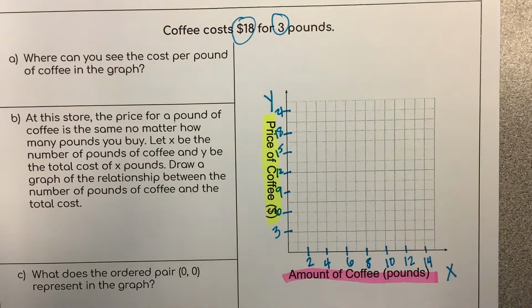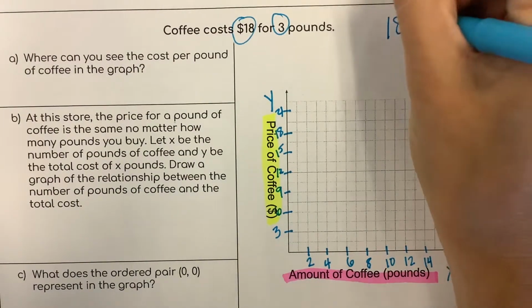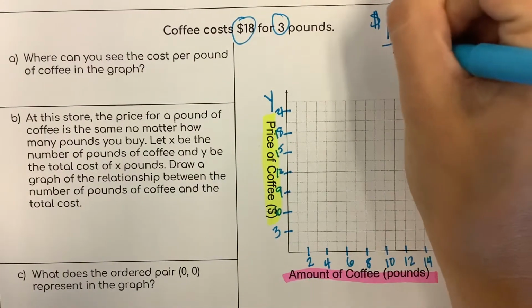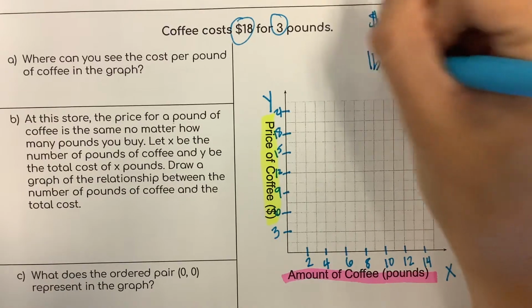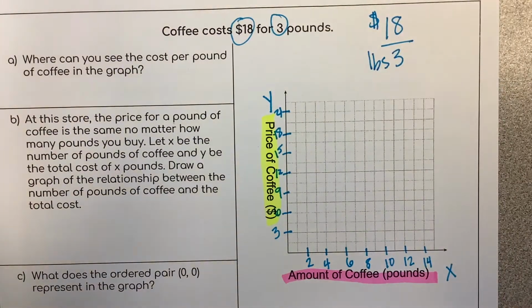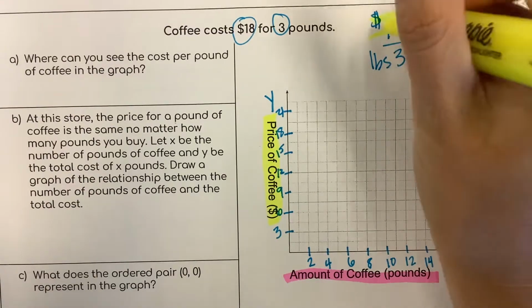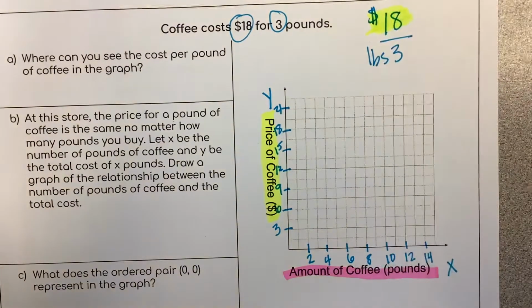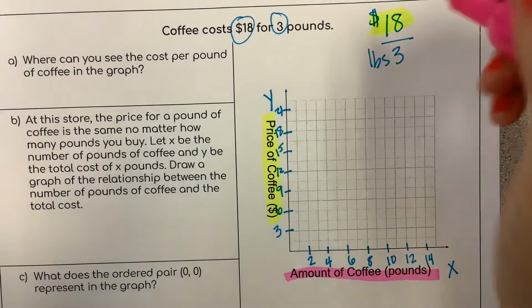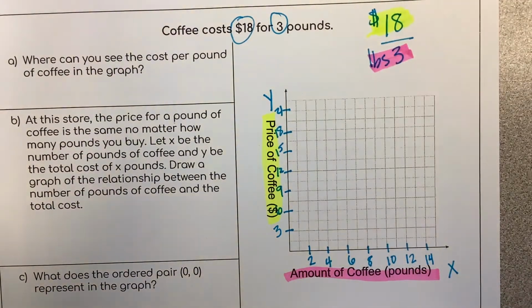So we've got it labeled, and then we're looking at this comparison. We've got $18 for 3 pounds, okay? And as a reminder, it's our ratio of our y, that vertical, over x, the horizontal, okay?